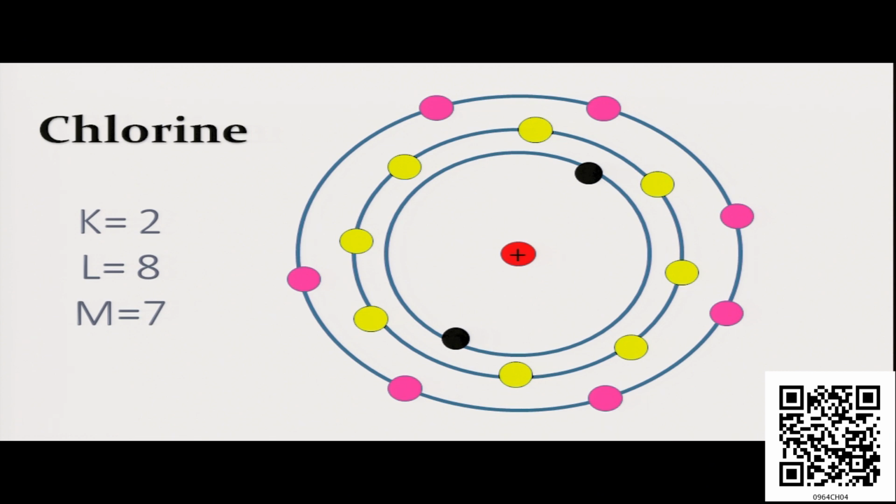So, the combining capacity of chlorine is 1. So, for chlorine also we say the valency is 1, a negative valency of 1, and that is why when chlorine forms an ion, the chloride ion, it forms Cl minus.